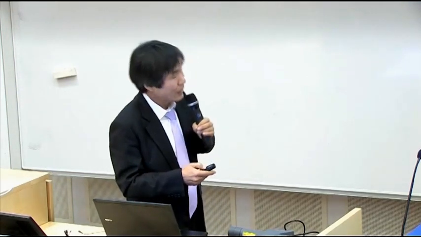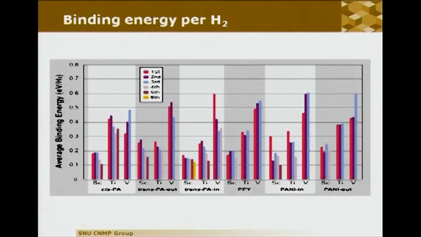And we did a lot of calculation to calculate the binding energy of those hydrogen molecules on this system for different choice of geometry and the transition metal atoms. And it turned out we need very high accuracy.